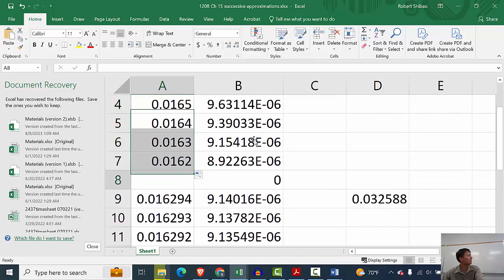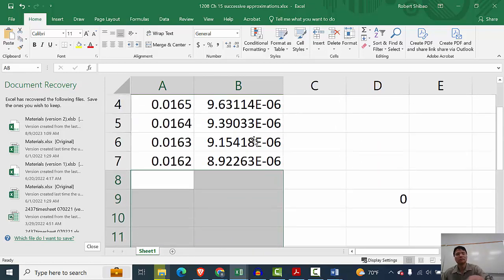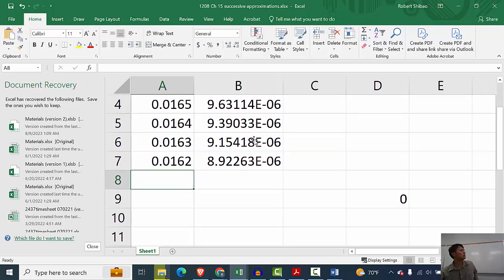And it looks like, actually, let me delete all these. I was doing this earlier. So it looks like it's closer to 163 than 162. So what are you going to choose for your next guess? 1635.